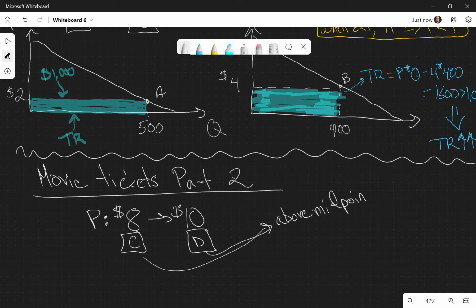To our well-trained economist ears, above the midpoint is just econ speak for telling me that we're in the elastic portion of the demand curve, where the elasticity is greater than 1.